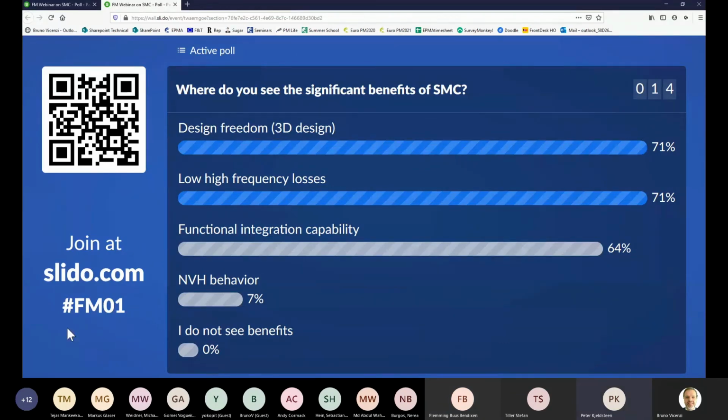There are many people who have used SMC and tried different optimization designs. So just contact the speakers and ask. I'm sure they will be able to help with design suggestions.